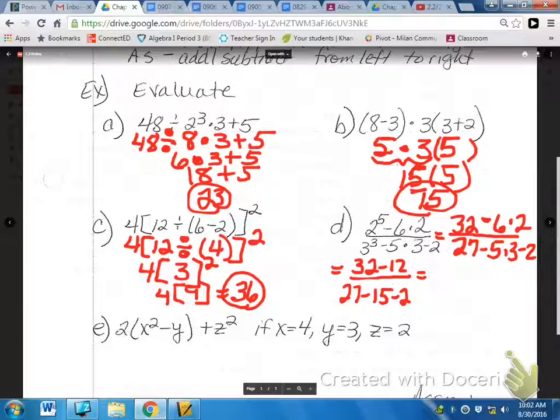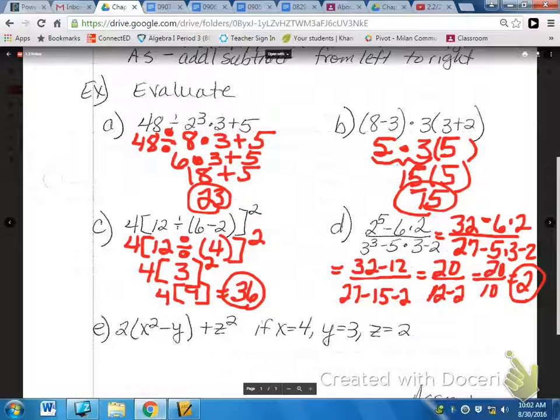Then 20 over... What's 27 minus 15? 27 minus 16 is 12. No, 20 over 10. And then final answer? 20 divided by 10 is 2. Final answer is 2.